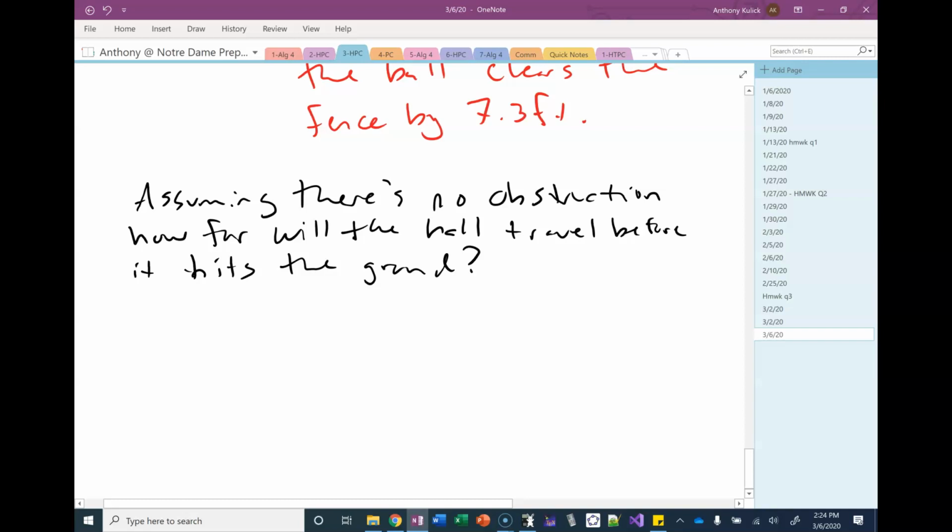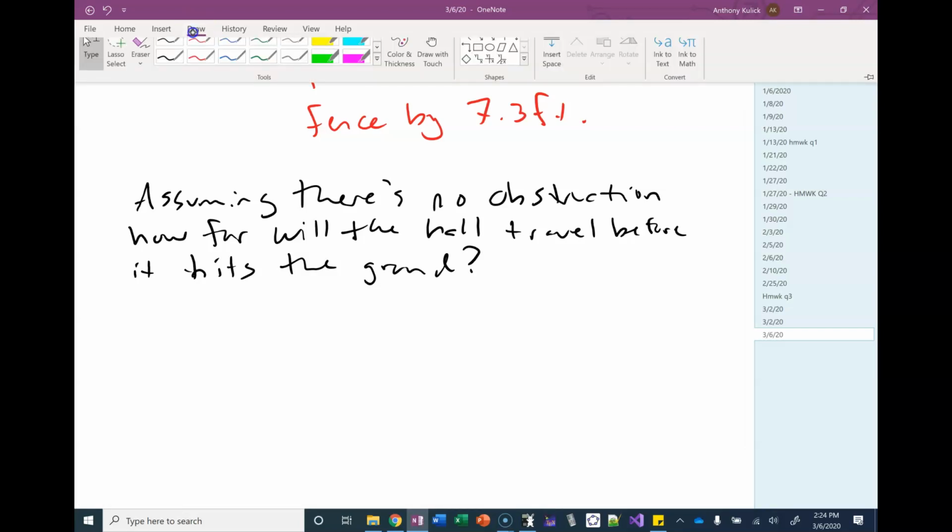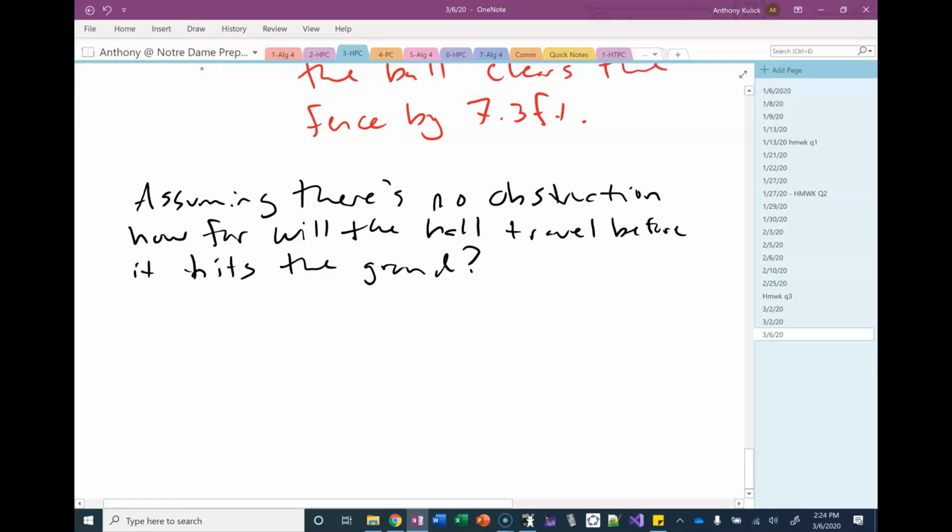X. Great. So we're going to use the y equation to solve for t, and then plug that answer in for x. Okay, so what is going to be the value for y when the ball hits the ground? 0. Okay. So I'm just going to say 0 equals negative 16t squared plus 141 sine 24 t plus 3.5.